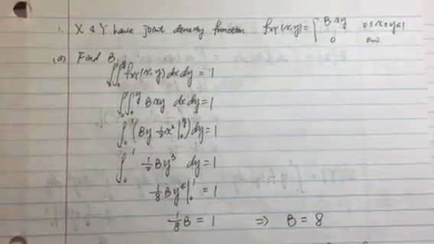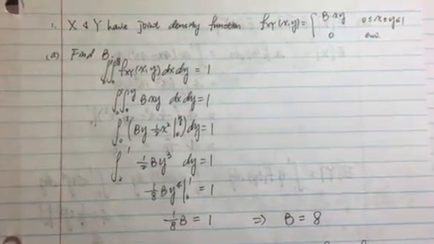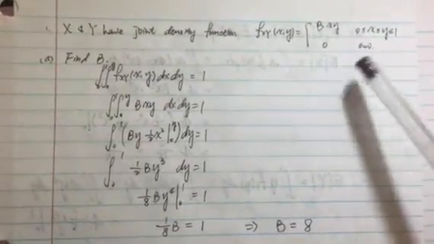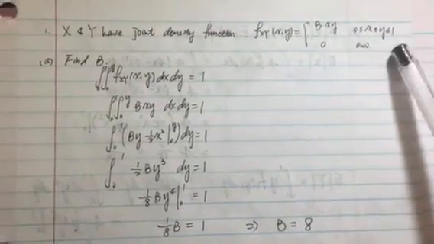We know that since it's a joint density function, the double integral of f_XY has to be 1, and the range for x is from 0 to y, and the range for y is from 0 to 1.